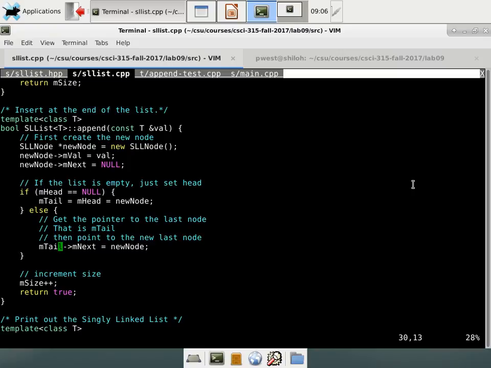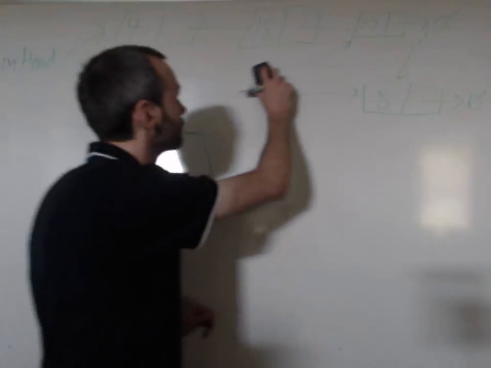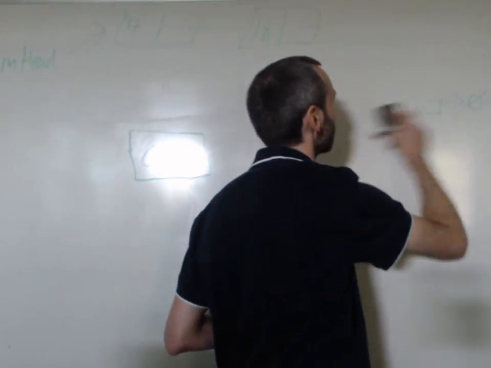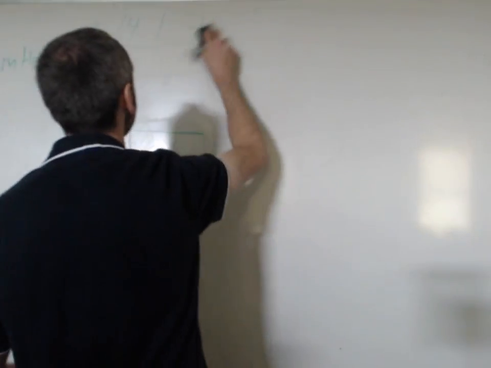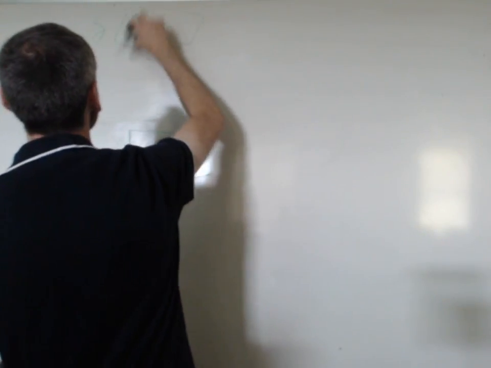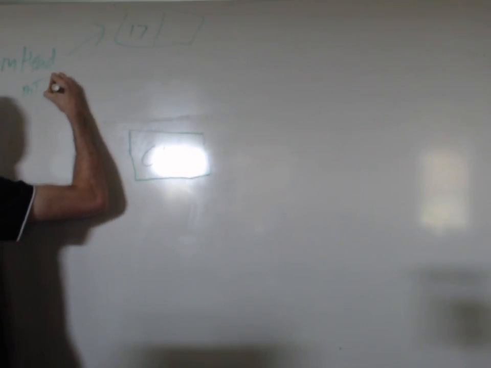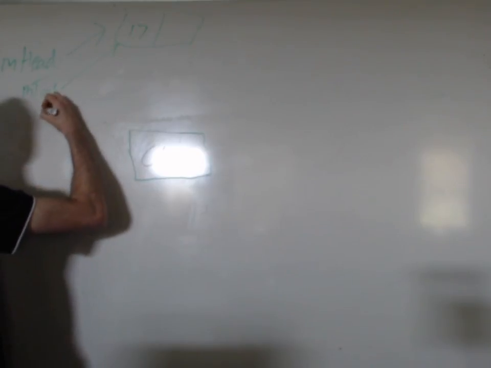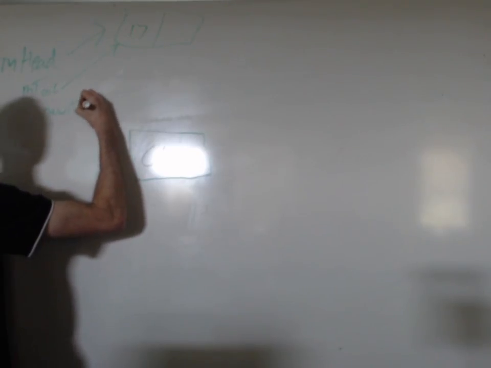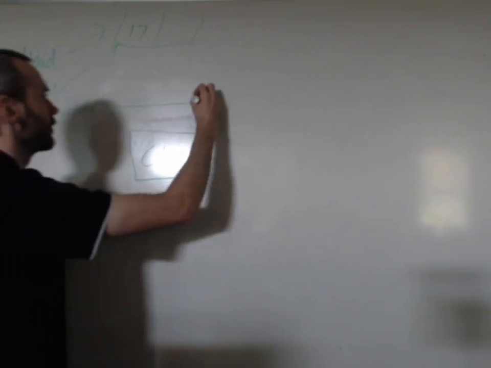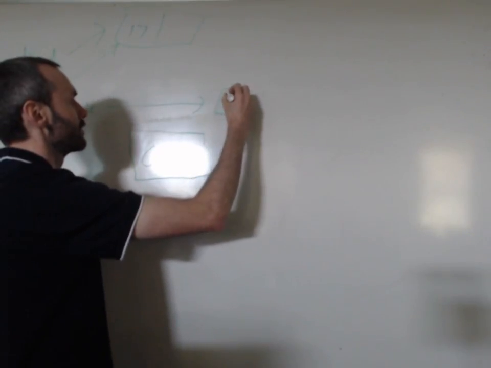All right, so let's map this out pictorially, because that'll definitely answer our question. Seventeen's up here, and tail points up here, and the new node will go over here.